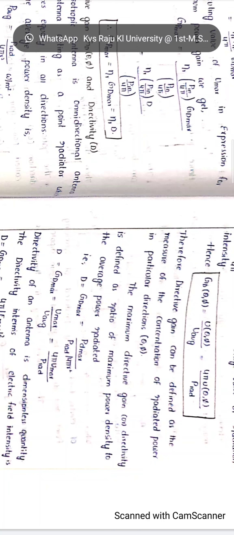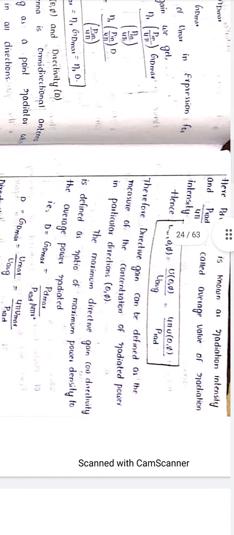Therefore directive gain can be defined as a measure of concentration of radiated power in a particular direction. If you want to measure how much power is radiated in a particular direction, we have to consider the directive gain.